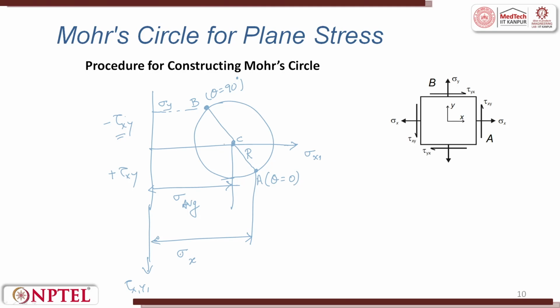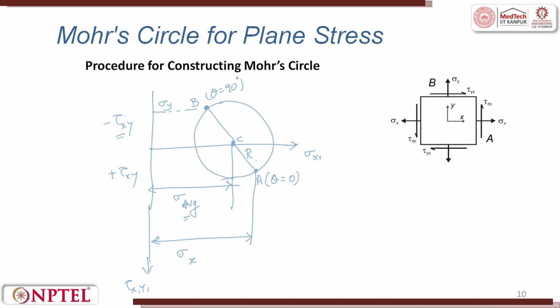So, the point which is kept as a center along the sigma x axis is going to be the point C, which is nothing but sigma average. So, from here this is a center. So, with the radius we try to draw.